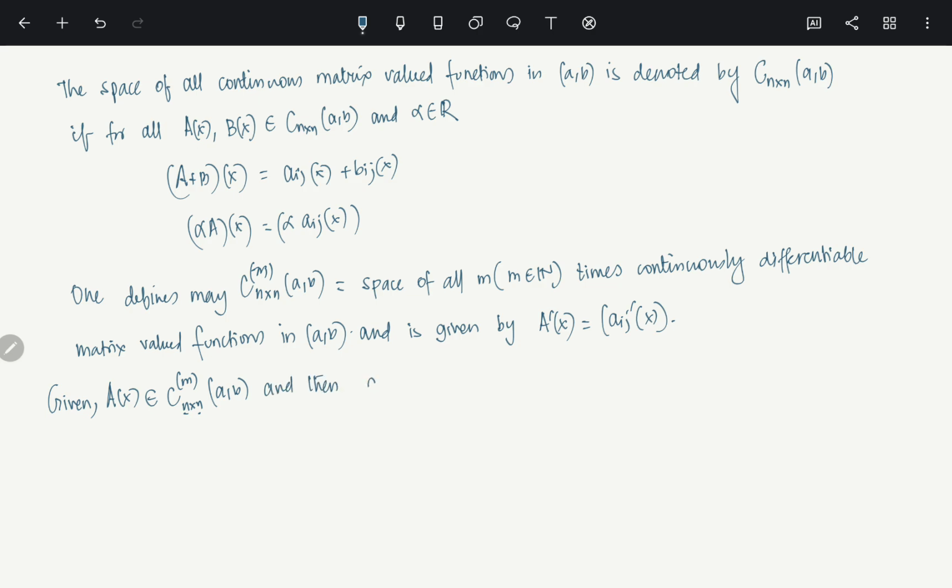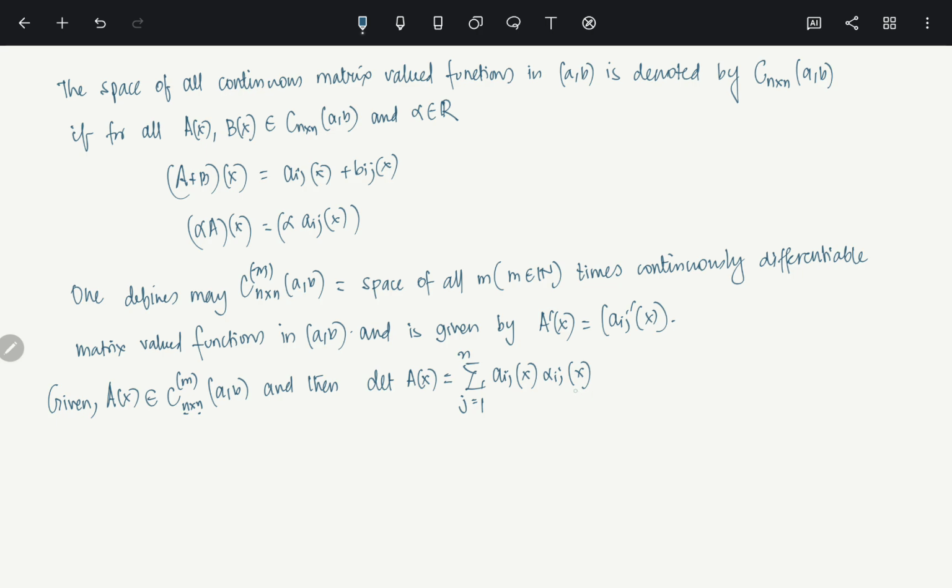So if we are starting with A(x), which lies in this space, determinant of A(x), how do you find it? Determinant of A(x) is nothing but the summation, j equals 1 to n, a_ij of x times alpha_ij of x, right? Yes, we can write it like this, right?